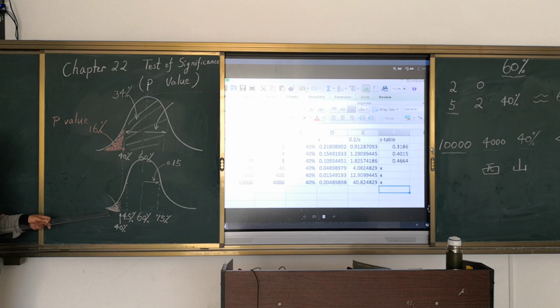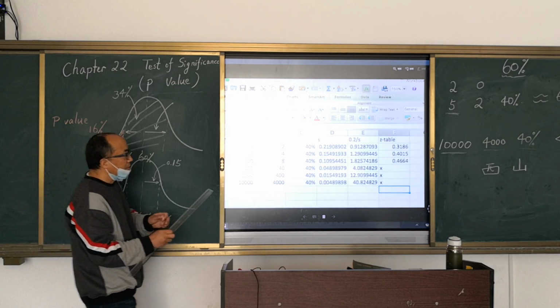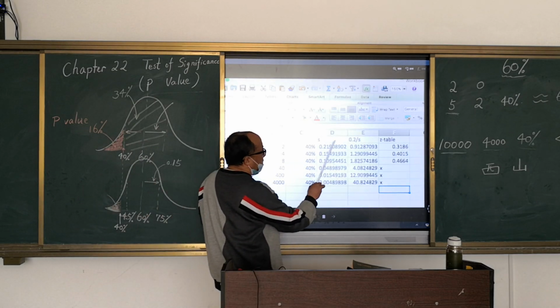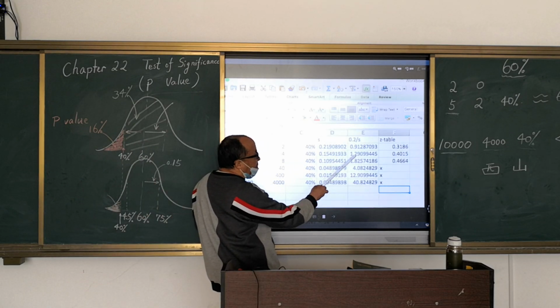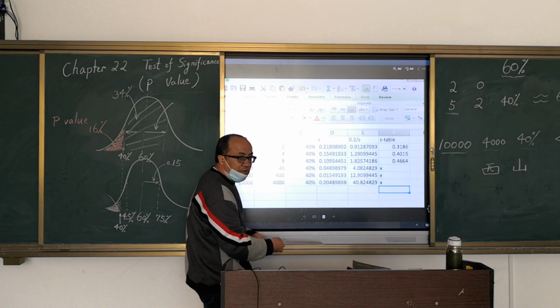So to calculate this, the red area is divided by the standard deviation, it is 1.29.